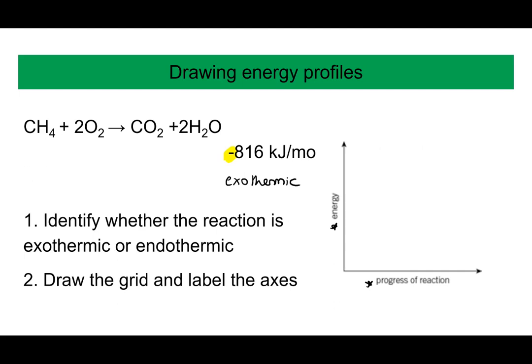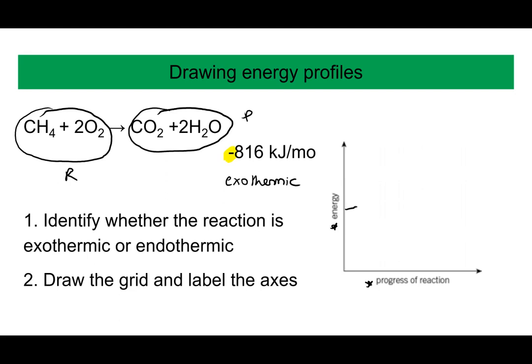I go back to my equation. On the left of my arrow, I've got my reactants, and on the right-hand side, I've got the products. I'm going to draw those on lines here. I put my reactants on my first line, and on my second line, I put my products.